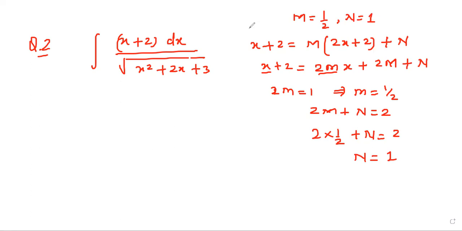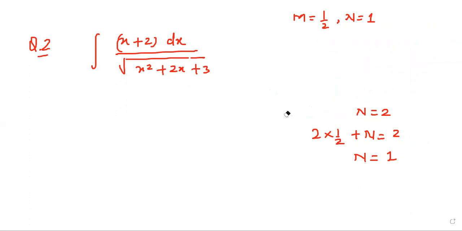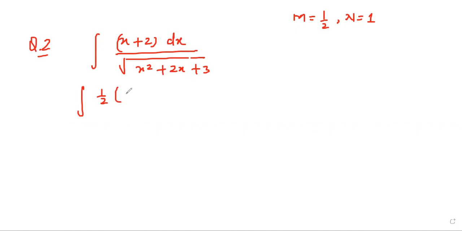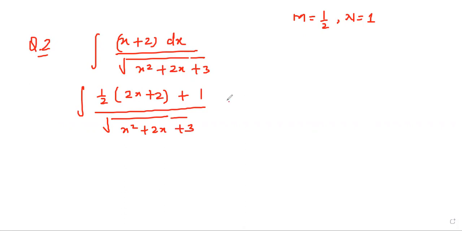Now, we are going to write x plus 2 in terms of m and n. So 1 by 2 into derivative of this, 2x plus 2, plus n, that's 1, divided by root of x square plus 2x plus 3 dx.